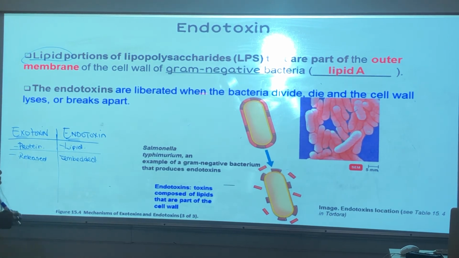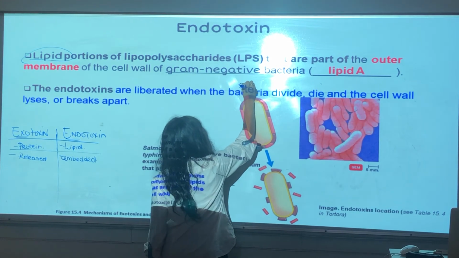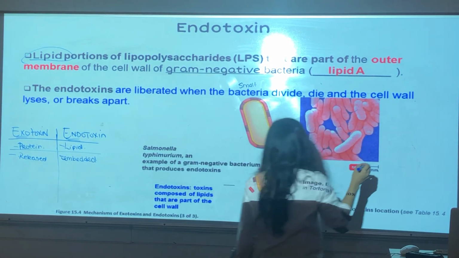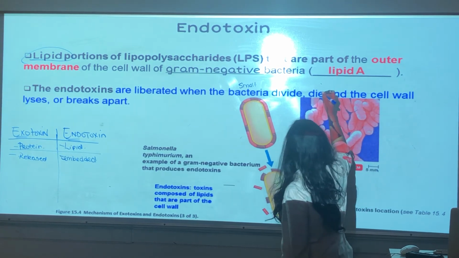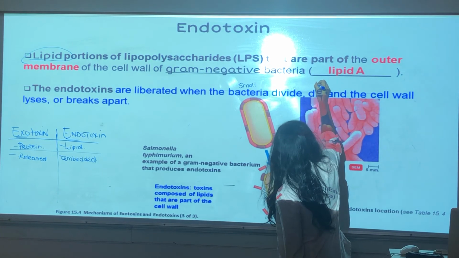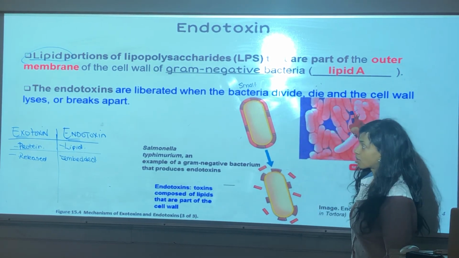The endotoxins are going to be liberated when the bacterial cells die. When the bacterial cells divide, only a small amount is liberated, but larger amounts are liberated when the gram-negative cell dies and the cell wall lyses, or breaks apart.